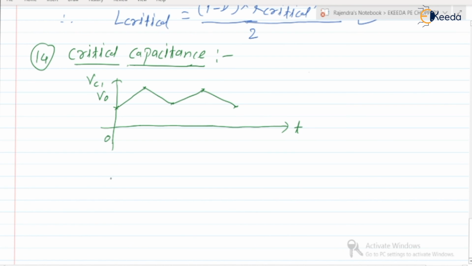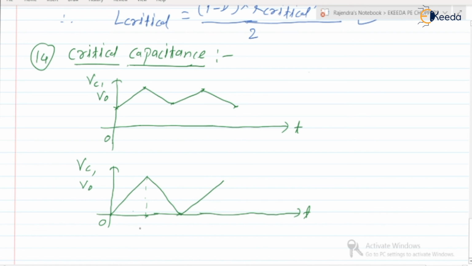Okay, but for critical it is Vc or V0, with time t0. It is increasing from 0 to maximum till t on. Okay, again it decreases to 0, again it increases, right? So this is like t on, this is like t.